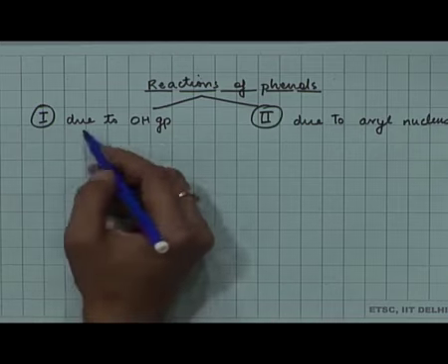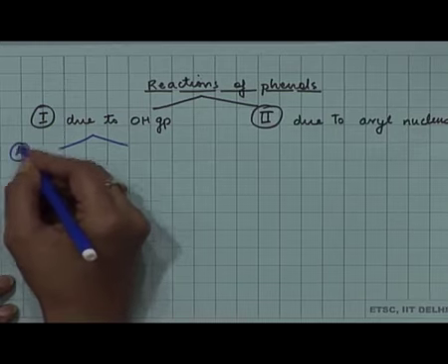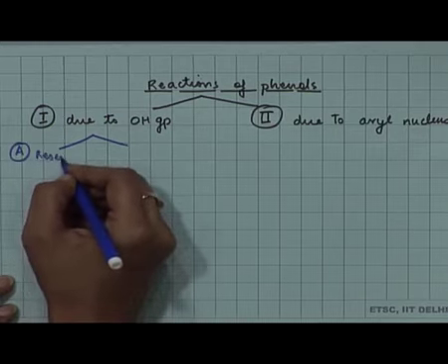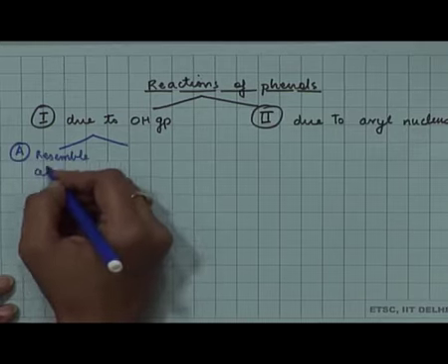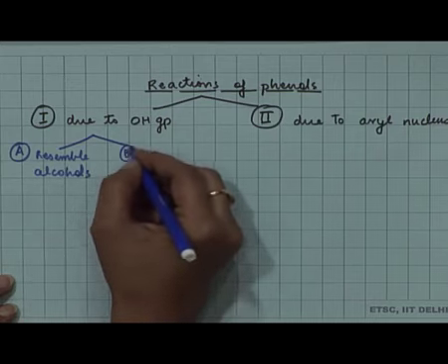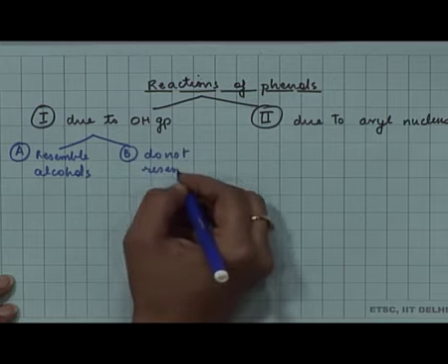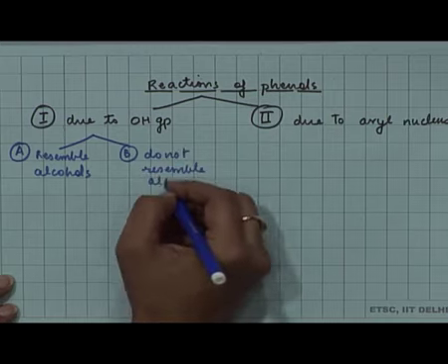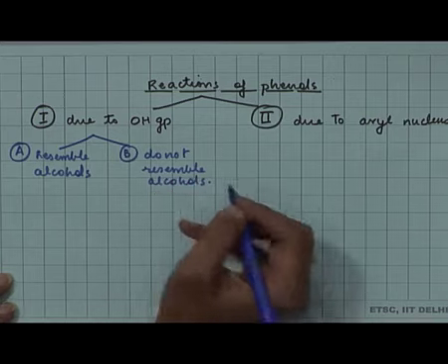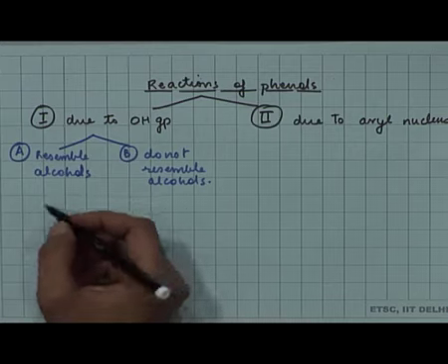And because of the hydroxyl, again you can have two types: A, those reactions which resemble alcohols, which were happening with alcohols also, and B, those which do not resemble alcohols. Let us take each of them one by one.